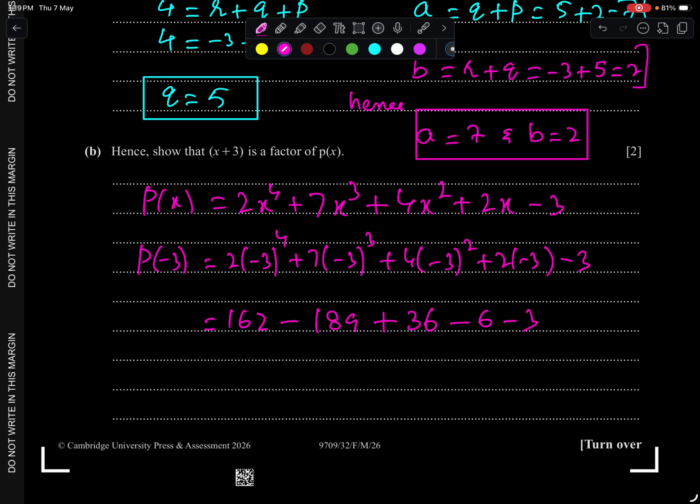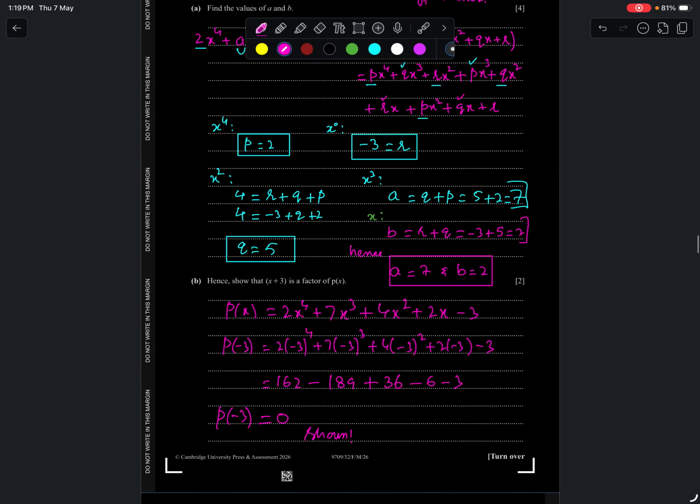Alright, so 162 minus 189 plus 36 minus 9 is equal to 0. Hence shown that x plus 3 is a factor of p of x. Please check the solution.